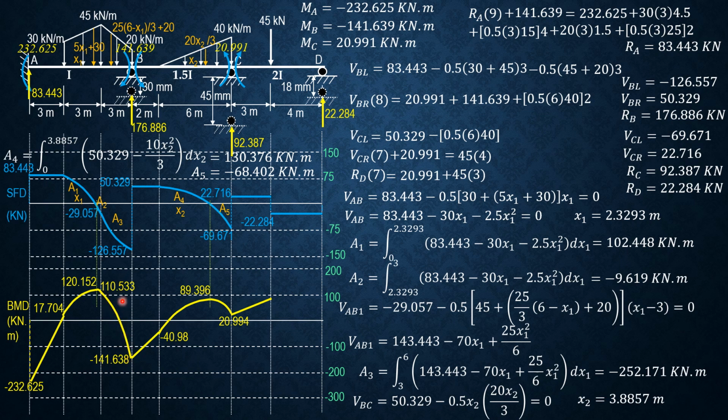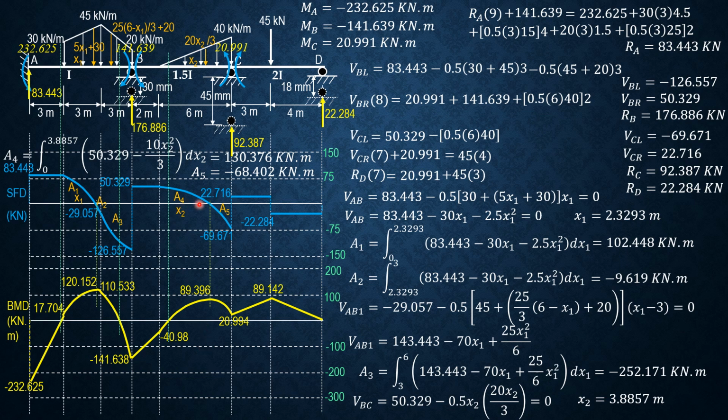so 110.533 minus 252.171, so we have there negative 141.638, which checks moment at B, which is negative 141.639, so that's practically equal. Then plus we have going up straight 50.329 times 2, so negative 141.68 plus 50.329 times 2, we have negative 40.98.